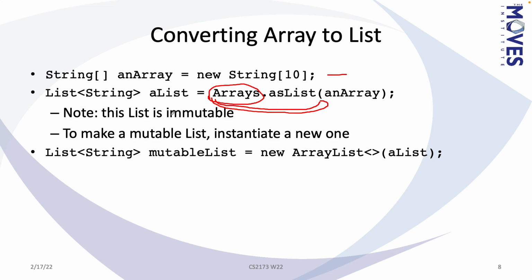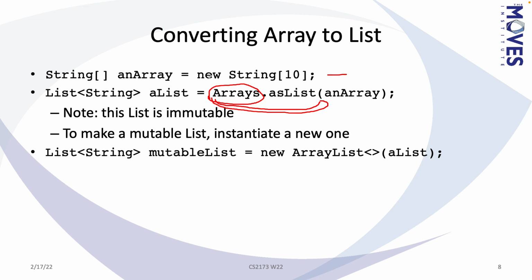Now, it turns out that for whatever reason, the list that they return is immutable, meaning even though normally in a list you can put things in and take them out, when you do it this way, you can't. You say, well, what if I want to? What if I have an array of stuff, and I want to make a list of things, but then I want to modify it in some way?